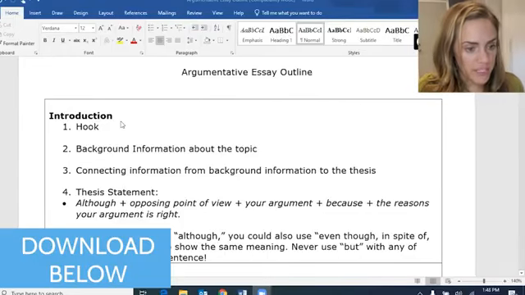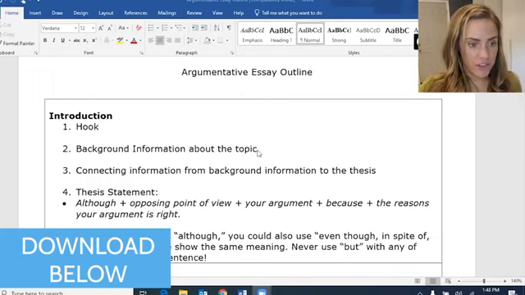Okay, so like I said, you want to make sure you have specific things in the body paragraphs of an essay like this, but you do have a lot of room to play around with where you put those parts. This is what I want my students to do. I give them this outline. Here's the intro paragraph.